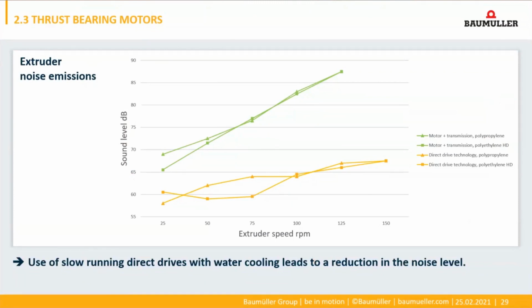Looking at 125 RPM, we see that the sound level is reduced by about 20 decibels. And it's of course just for one extruder. In our example we saw we have 6 extruders. This happens because we have slowly running direct drives and they are also water cooled, and this reduces the noise level of the axis.